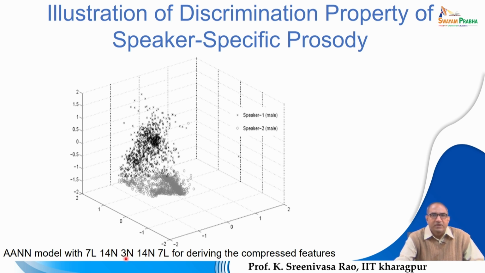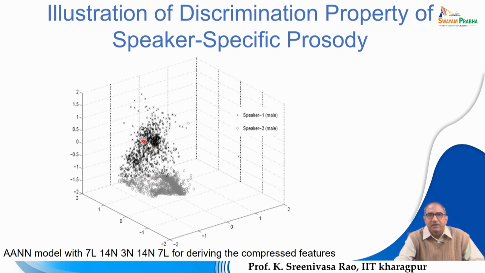So we capture the features using this network, take out the middle features, and plot them. Here you can see the 3 dimensional feature that is captured over here.